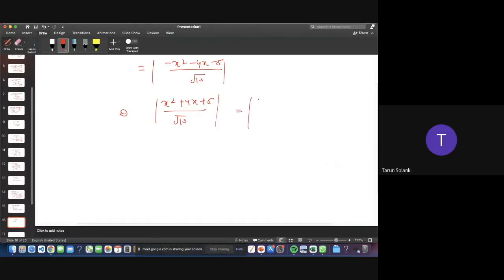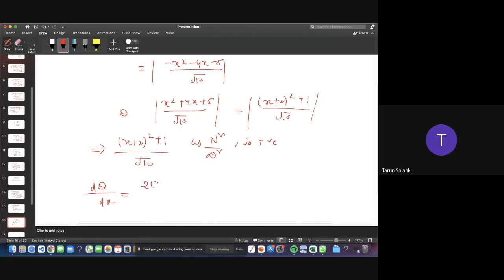So it will be ((x plus 2) whole square plus 1) divided by under root of 10, whose numerator is positive, right? So dd by dx is equal to 2(x plus 2) divided by under root of 10, which equals 0, or x equals minus 2, right?